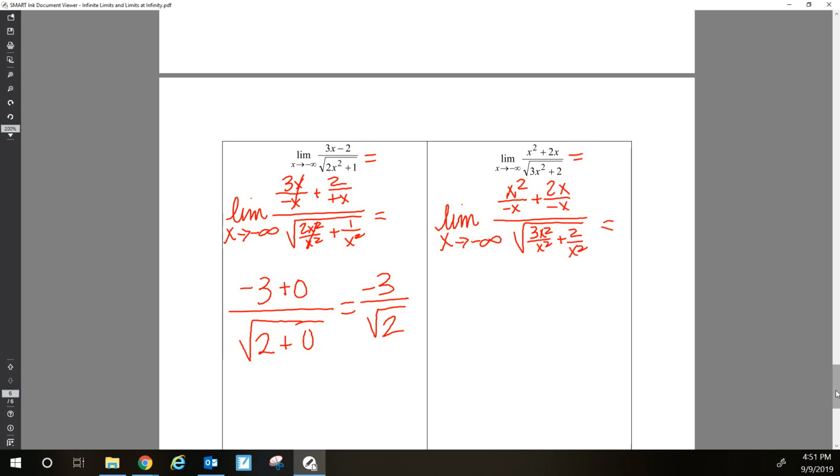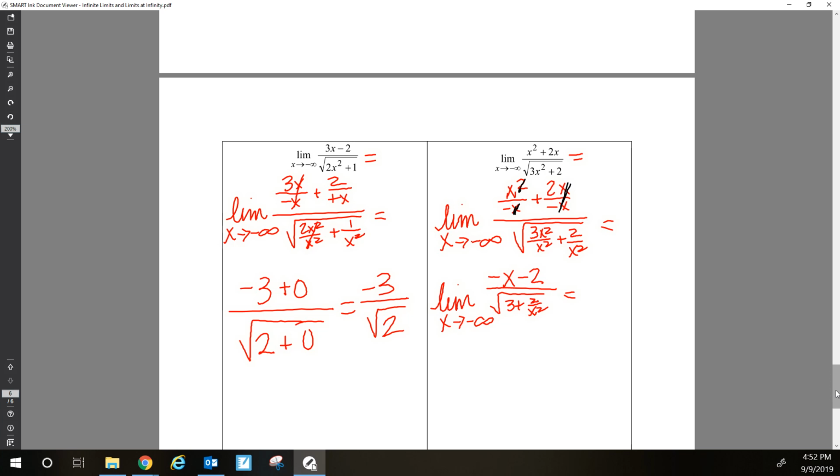Now this time only one of these x's cancels out, so I still have a negative x. The limit as x goes to negative infinity, I still have a negative x, and then minus 2 all over the square root of 3 plus 2 over x squared.